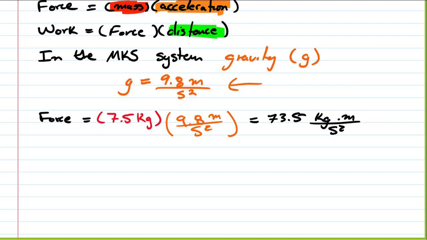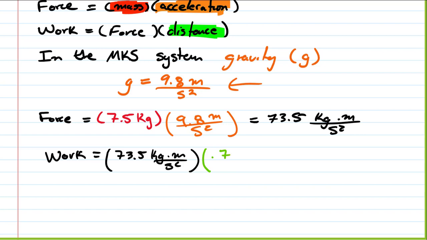To calculate our work, work is equal to force times distance. Our force is 73.5 kilograms times meters over second squared, times our distance, which we calculated above as 0.75 meters.